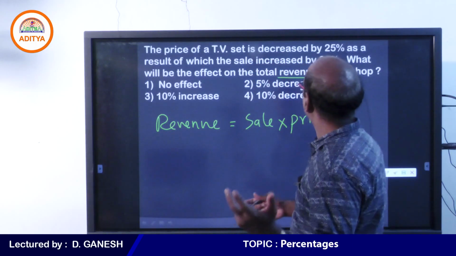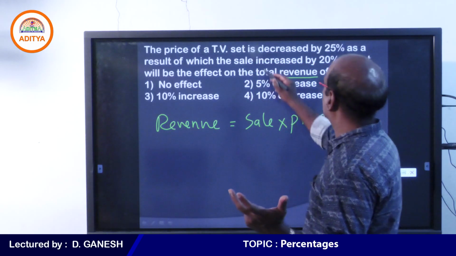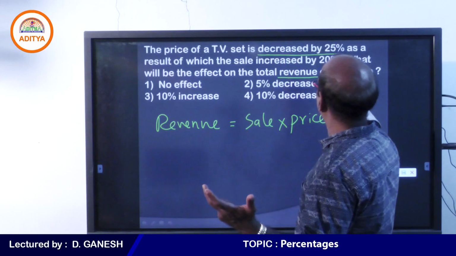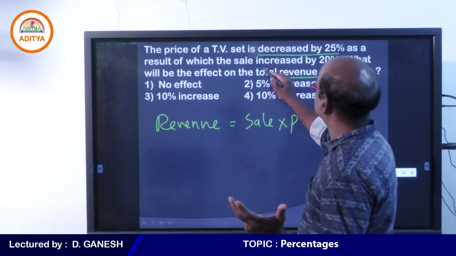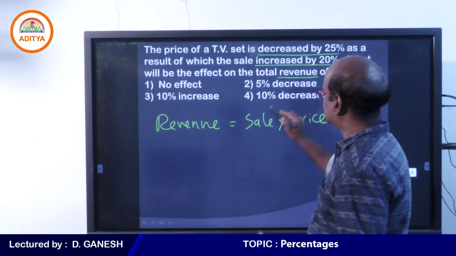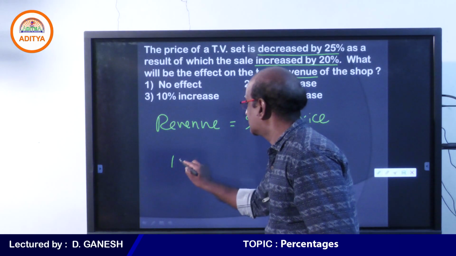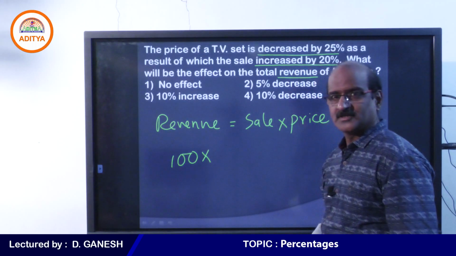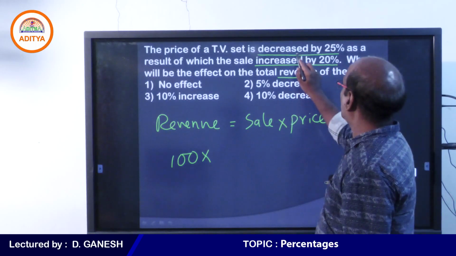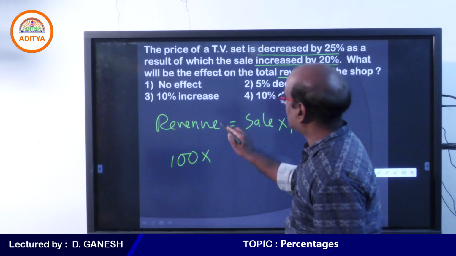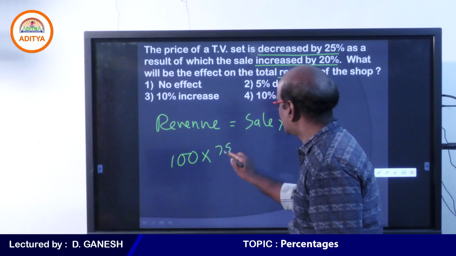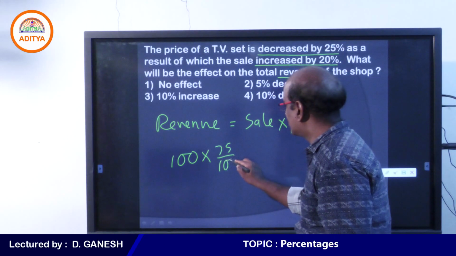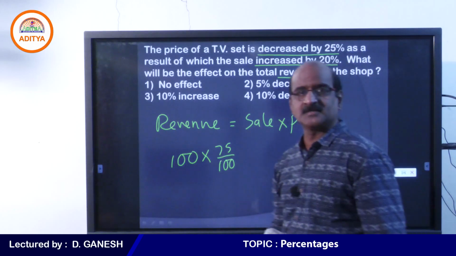Students, now we see two important things in this question. The TV set price decreases by 25% and the sale increases by 20%. Okay students, so let the original revenue be 100. Point number 1, the TV price reduces by 25%. You understand why I took 75%?